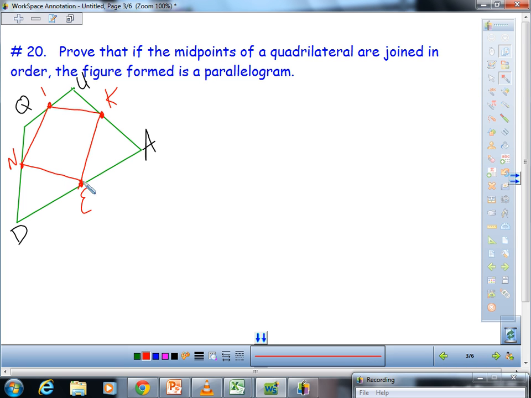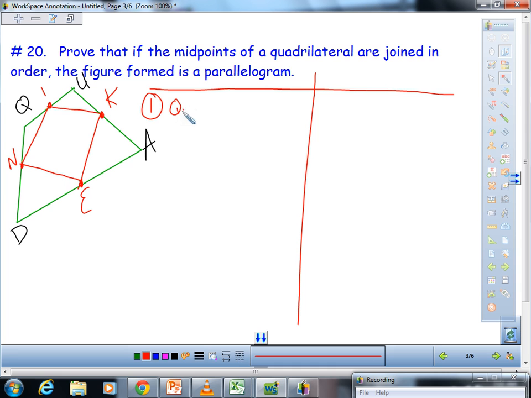So I would like someone to help me with the givens. What are we given? E? Okay, so we're given quadrilateral QUAD. I have no idea how to spell this.